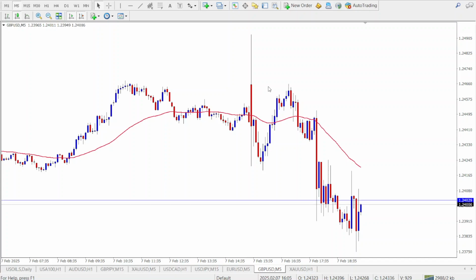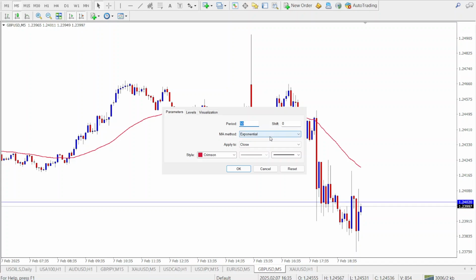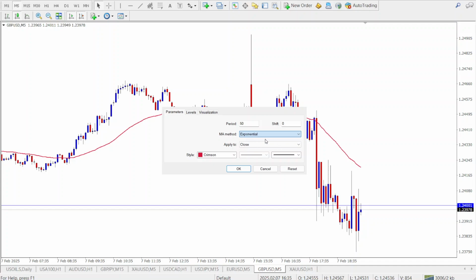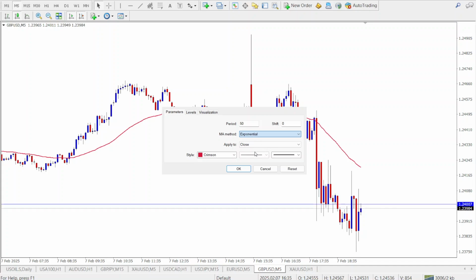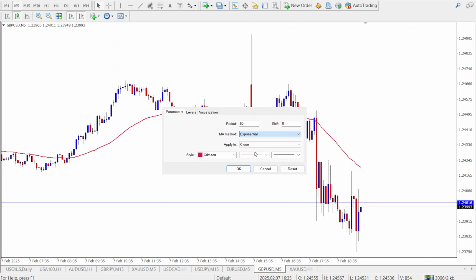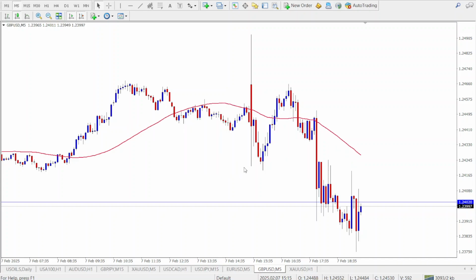Now, there are different types of moving averages. Actually, there are different types, but on the MetaTrader platform, the options available are the simple moving average, the exponential moving average, the smoothed moving average, and the linear weighted moving average. Now, the simple moving average is basically the simplest moving average.